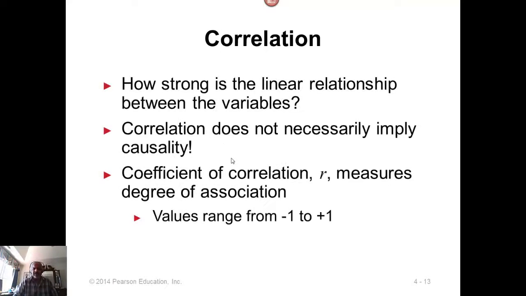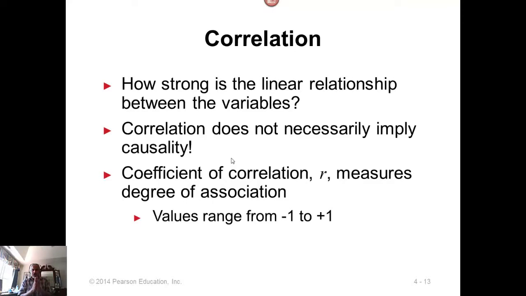Now, correlation is an important concept that we want to study when we are talking about an independent variable and sales, like price and sales, or advertising expense and sales. A correlation between two variables is defined as the strength and direction of association between them. If you have a positive relation, you will have positive correlation. If you have a negative relation, you will have negative correlation.